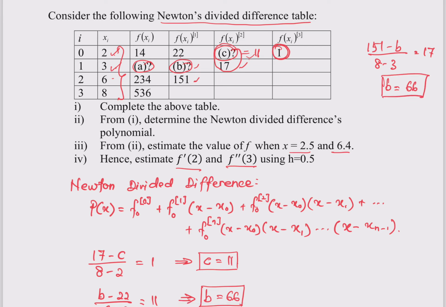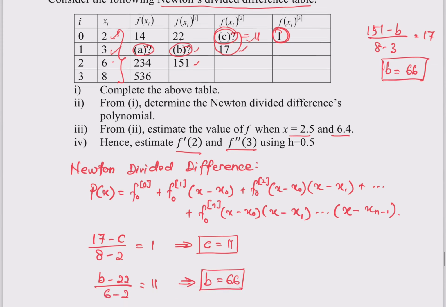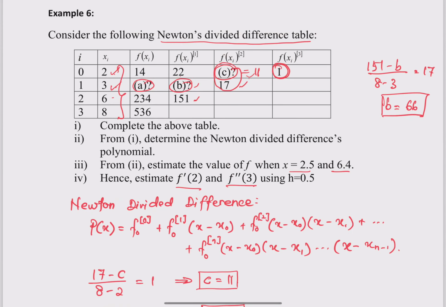So at the same time, you also study about the interpolation. And of course, to get a, you can use this value 234 minus a divided by 6 minus 3 is equal to 66, because we know the value of b.